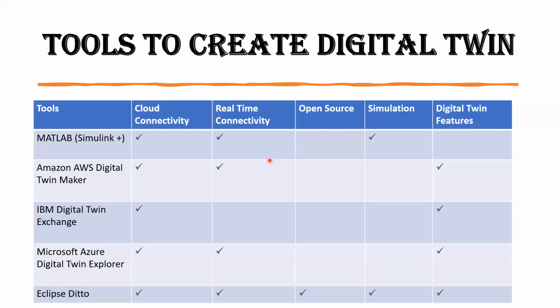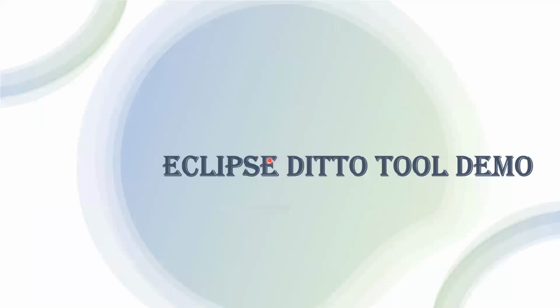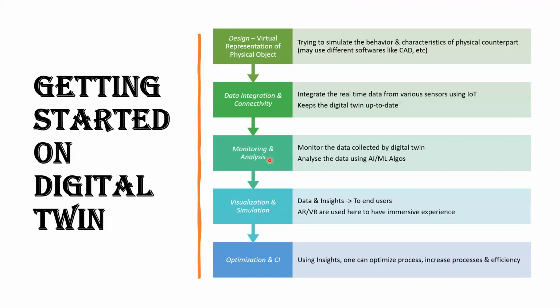Now, coming to the last part. As with any technology, every technology has its own pros and cons. But before going to the pros and cons, these are the 5 steps that one needs for the complete digital twin to happen.